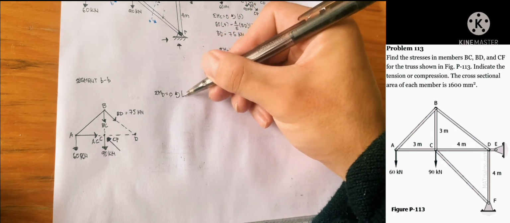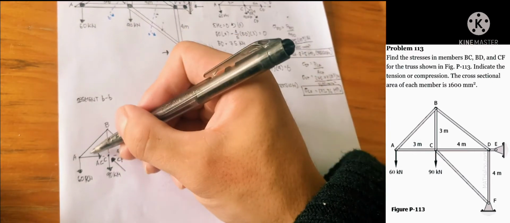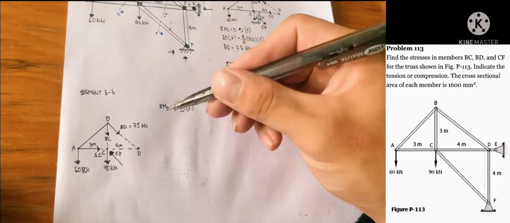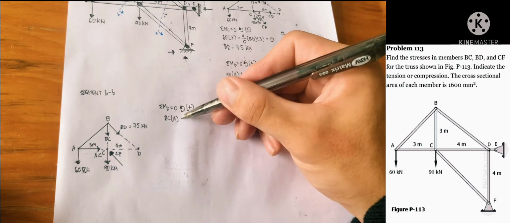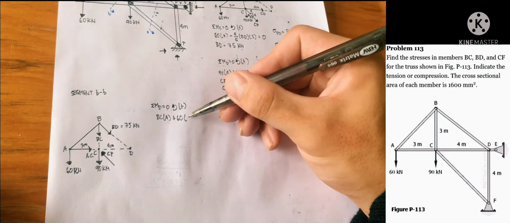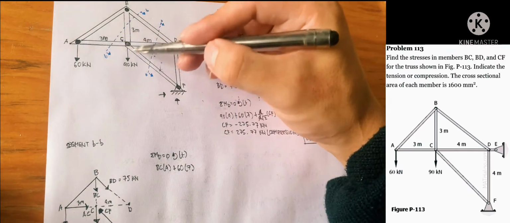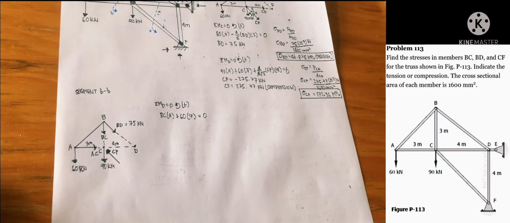So we can take a moment at D. I also drew the forces at CF and the 90, but we do not need those, but it will help the imagination. So we only have two forces, which are the BC and the 60 kilonewton, multiplying them to their respective moment arms.